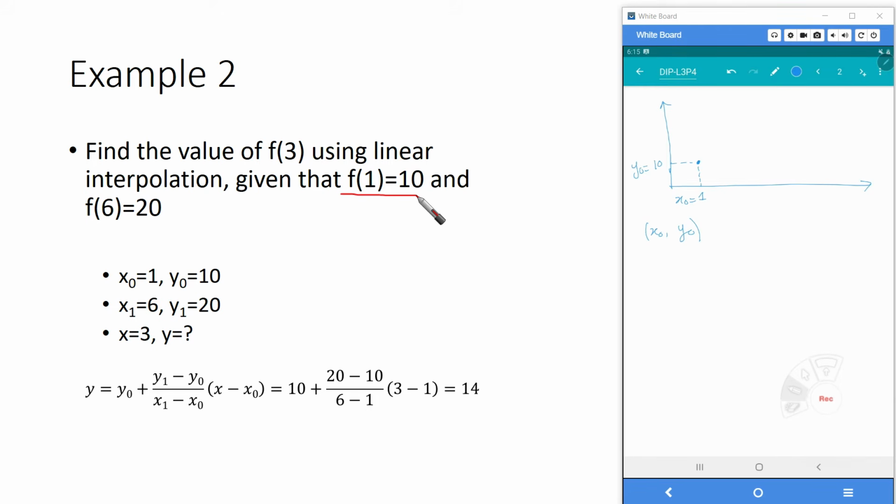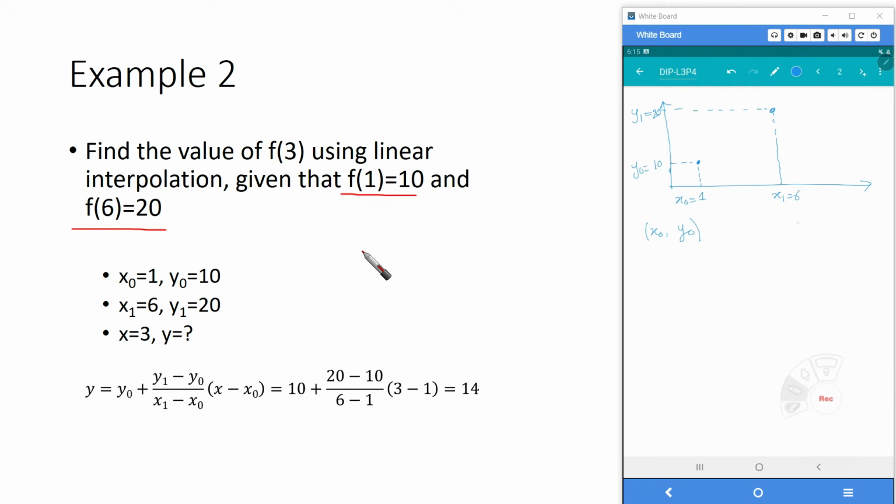And we have another given point, this point. Let's say this is x1 equals 6, and the corresponding value is y1, which is 20.